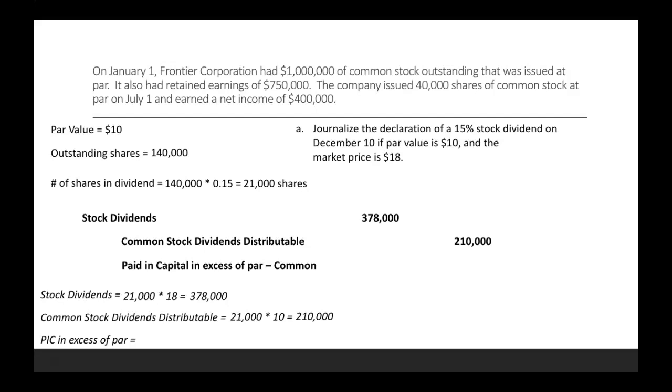So we could just take 378 minus 210. But there's another way to do this. We take our number of shares times the difference between market price and par value, right? This is an account showing how far above par value you are. Well, we're $8 above par value here. So 21,000 times 8 will give you 168,000.